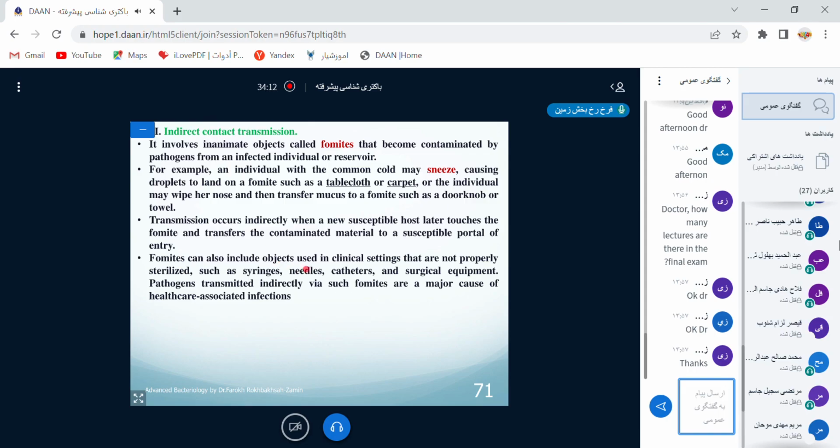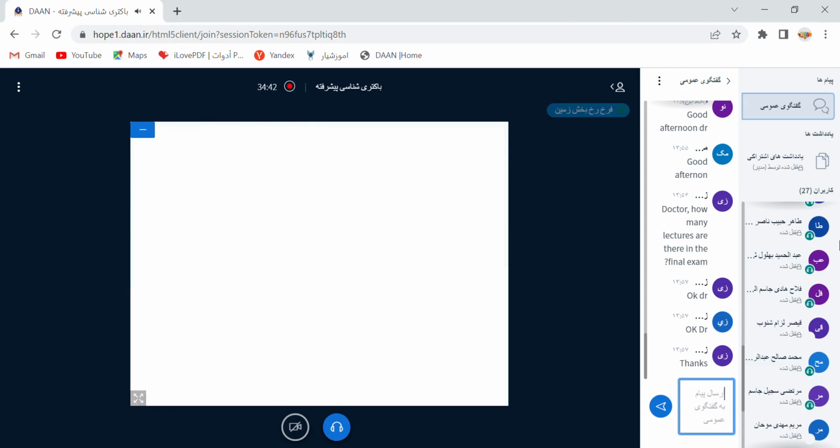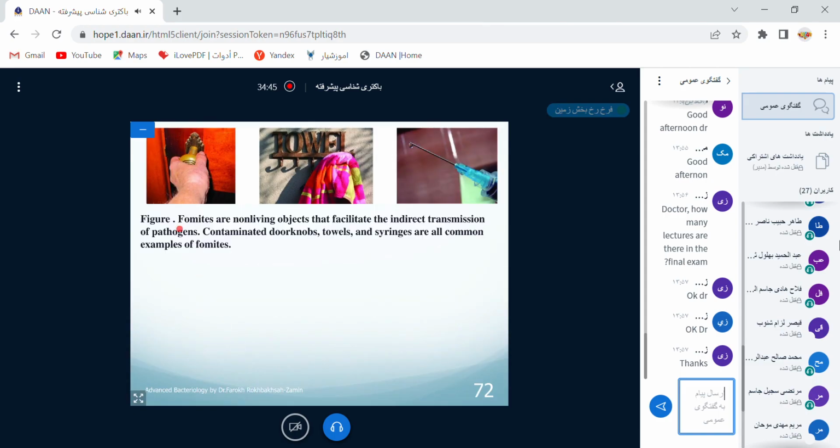Fomites can also include objects used in clinical settings that are not properly sterilized, such as syringes, needles, catheters, and surgical equipment. Pathogens transmitted indirectly via such fomites are a major cause of healthcare associated infections.